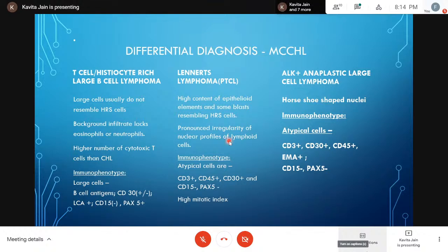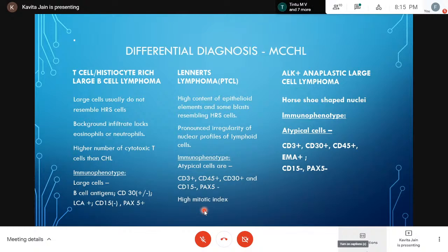The soft features which you should keep in mind are that the lymphoid cells in PTCL will have a pronounced irregularity of nuclear profiles. They will be highly pleomorphic, and they will have a high mitotic index. Whereas, I forgot to tell you in pathogenesis, since the Hodgkin cells are pre-mitotic, they were supposed to go to mitosis, but they were stopped from going there.